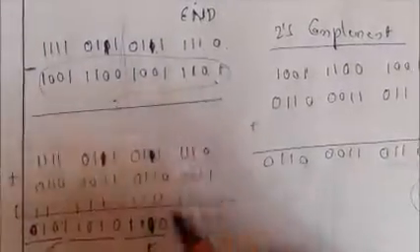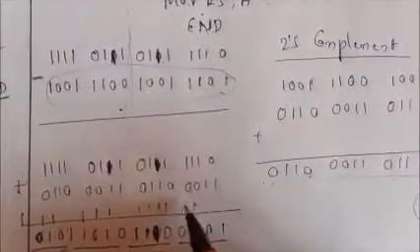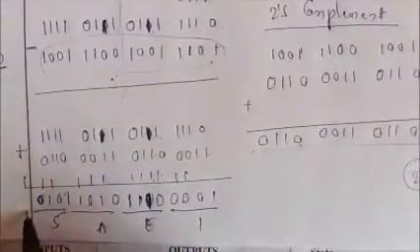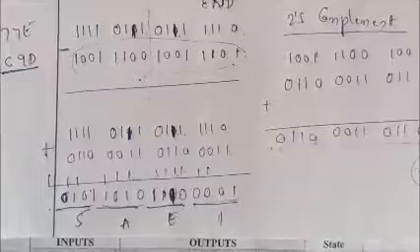Next we perform the binary addition: 0 plus 1 is 1, 1 plus 1 is 10, and so on. Just to repeat this binary addition, finally we get the 4-digit representation: 5, A, E, 1.